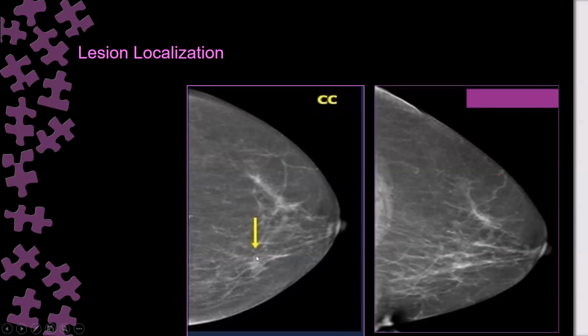You have seen an asymmetry here on the CC view, not seen on the mammography. How are you going to solve this? Straight lateral.